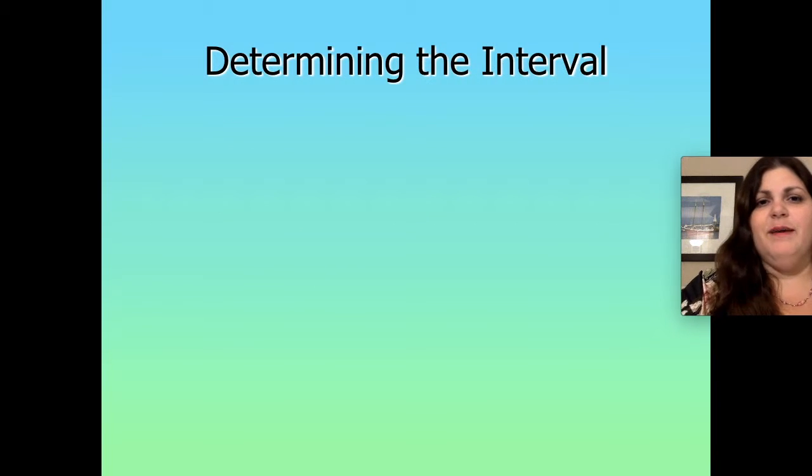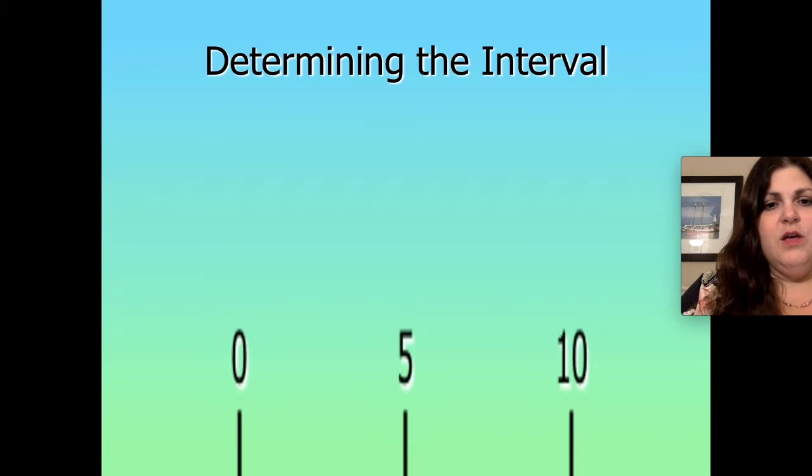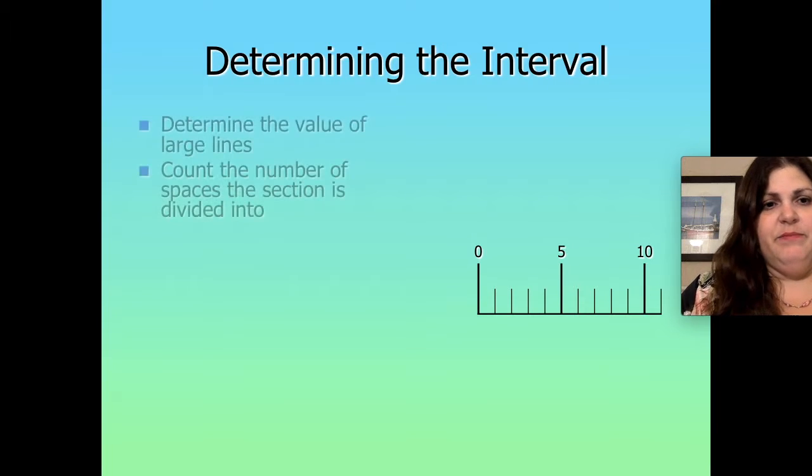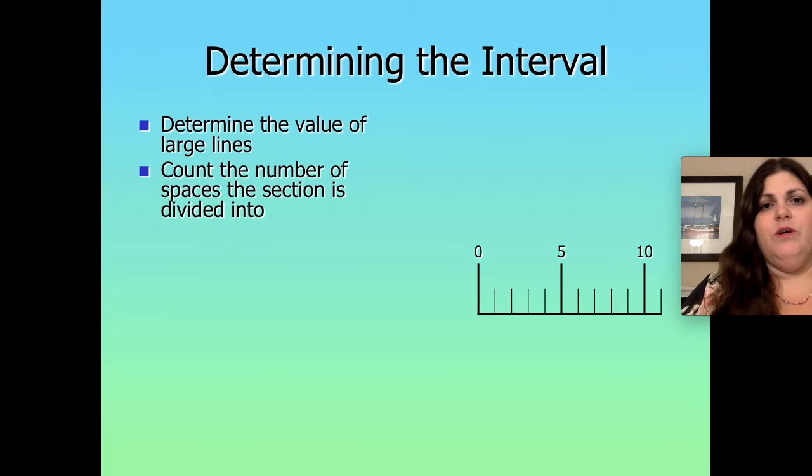Another important aspect of measuring is determining the interval of our measurement tool. So if we take a look at this measurement tool, not every number is labeled. Since not every number is labeled, we need to figure out what the intermediate lines mean. You can do that much the same way you would figure out what your interval should be when you graph. You need to count the value between the labeled lines, the larger lines, and decide how many spaces it's sectioned into.